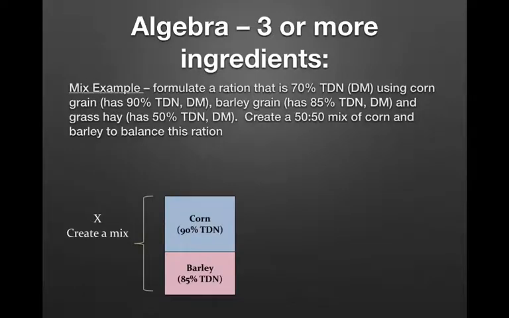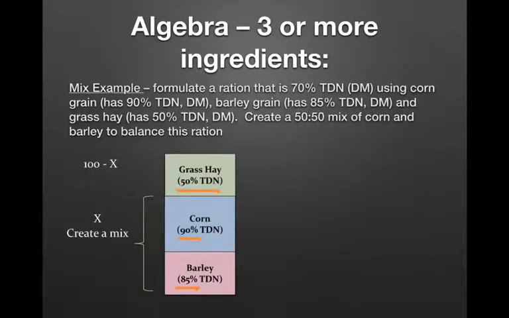We know that we've got these 2 ingredients, and they're probably going to be the highest TDN, because corn is 90% and barley is 85%. Both of those are significantly higher than the 50% TDN in the grass hay.